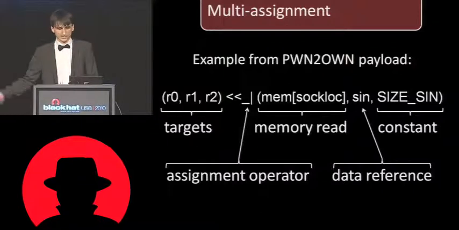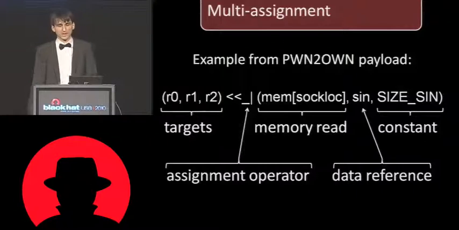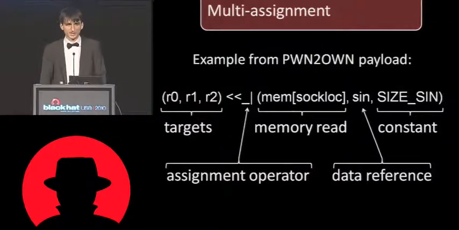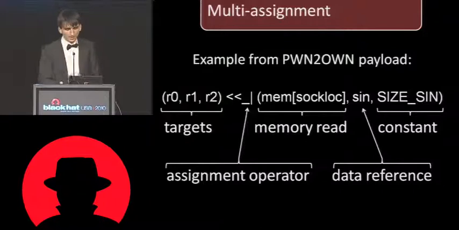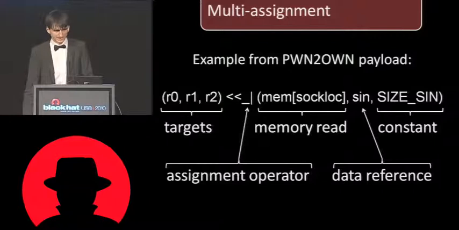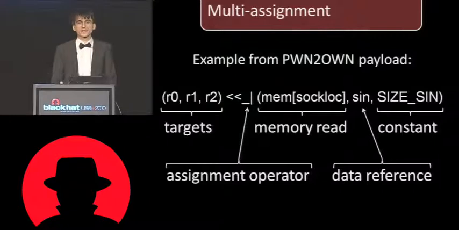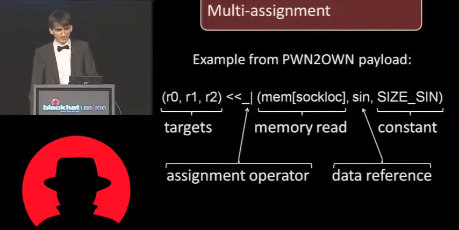Then as a second argument, which goes into R1, you have the data reference to the sock address in that you have defined. And the third is just a constant assignment of the size of this struct into R2. You will notice this kind of funny thing in between that we use as an assignment operator. This is a very nasty hack because you cannot overload the assignment operator in Python.